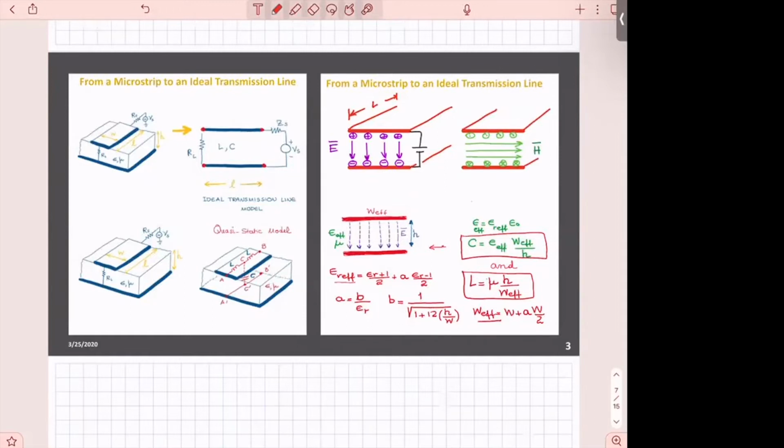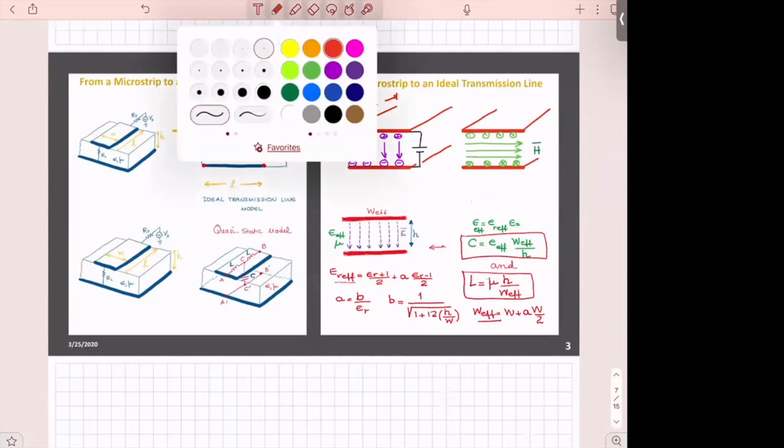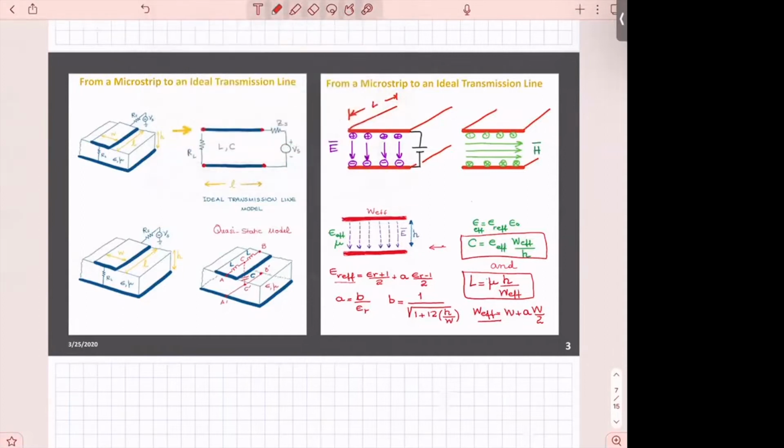What I show you here with the green implies that the current, which always flows in a structure like this, both the charges and the current, will be in the lower surface of the upper conductor and the upper surface of the lower conductor.